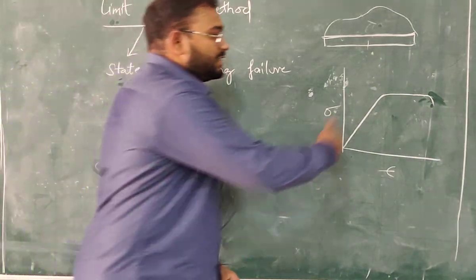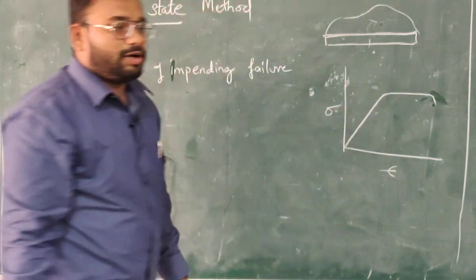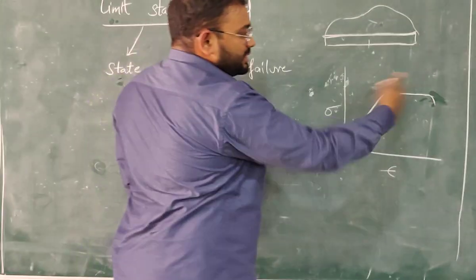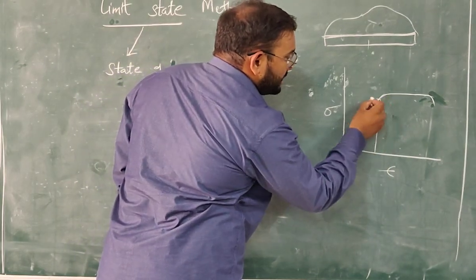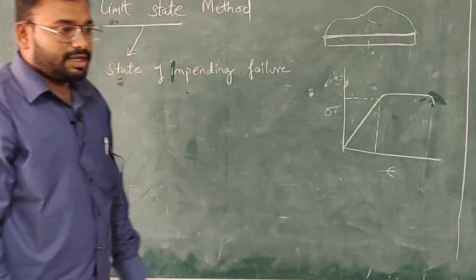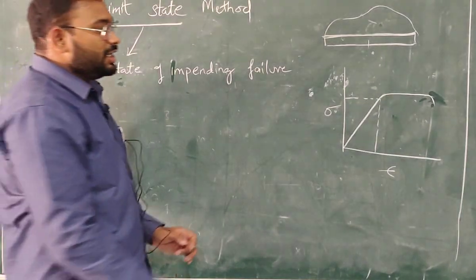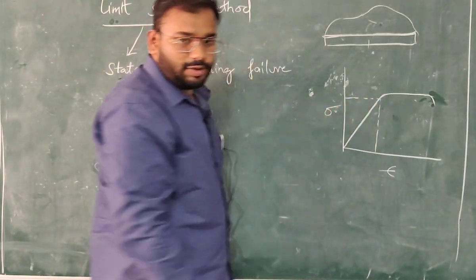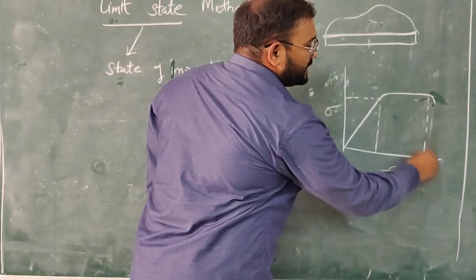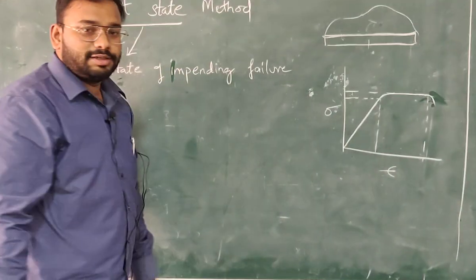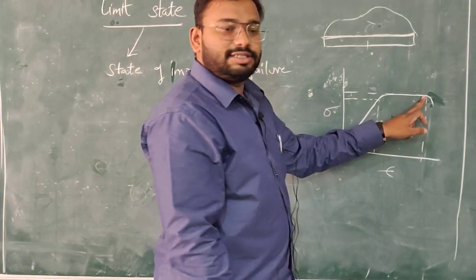So these are the different points to be discussed in this graph. Previously we used to design up to this limit only. In working stress method, you design up to this limit only, whereas the limit state method gives you provision to design up to this last point.